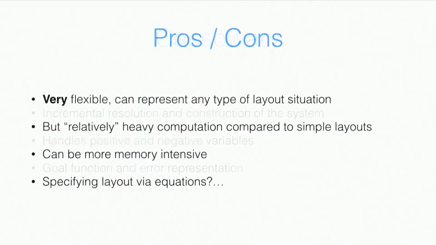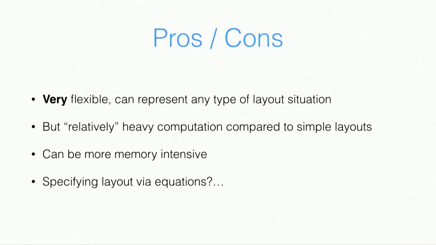The problem with it, or advantage, is that yes, it's very flexible. Compared to some simpler scenarios or methods, it can be relatively heavy because, again, think about what I just said. First you have to write the right equations, then you have to put all those equations into matrices, with all the associated errors, which are variables as well. So you end up with gigantic matrices. And even if you try to be careful in your implementation, that can be pretty heavy.